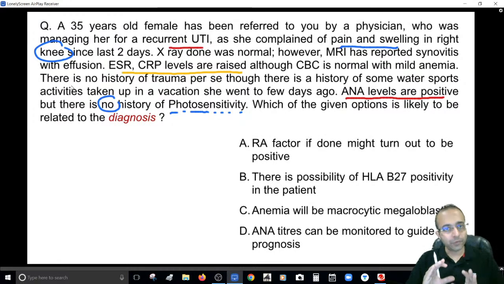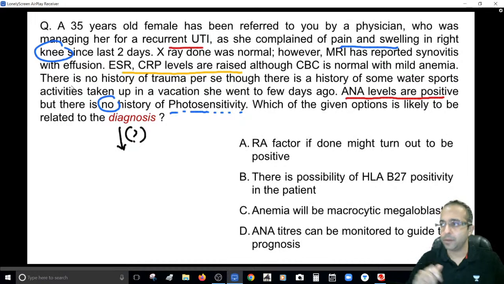Now going through this history, you have to tell me which option out of the 4 would likely relate to the diagnosis here. Mind you, this is a 2-part question. The first part: what is the diagnosis? And once you have framed the diagnosis in your mind, you have to tell me which would be the correct choice.